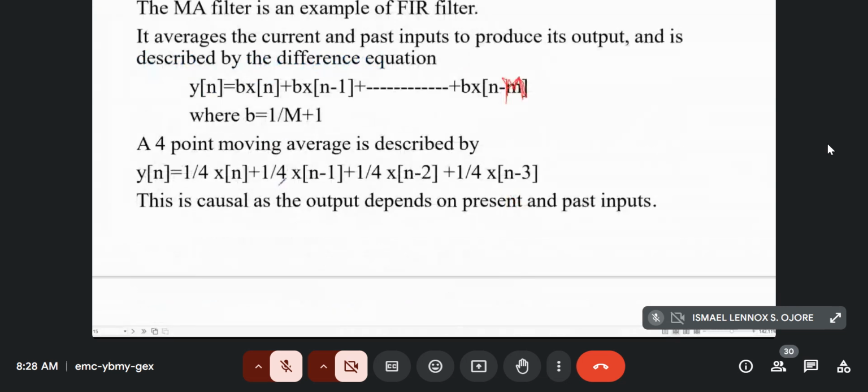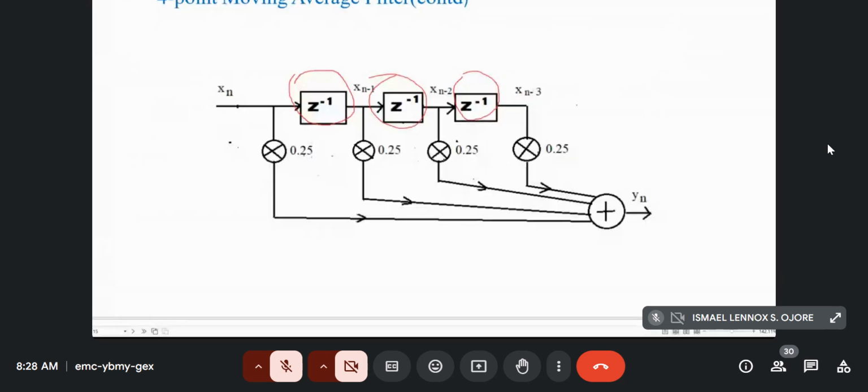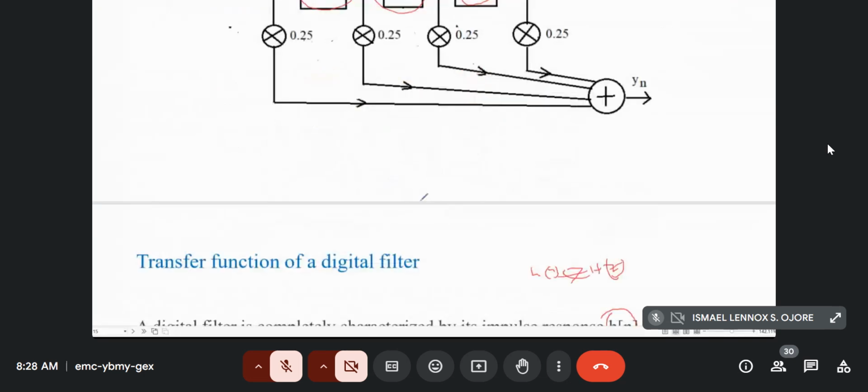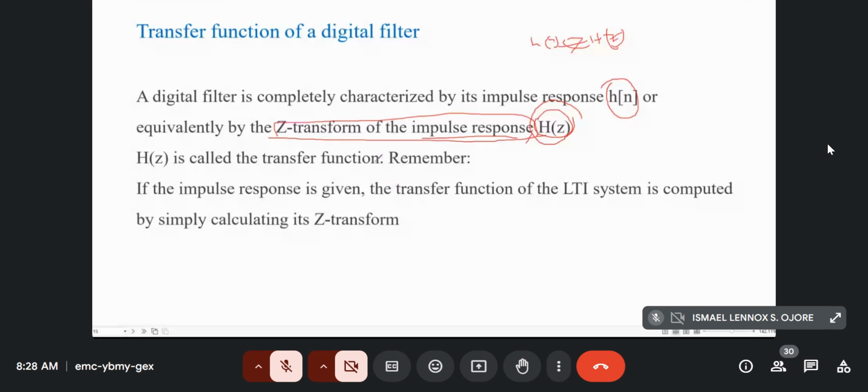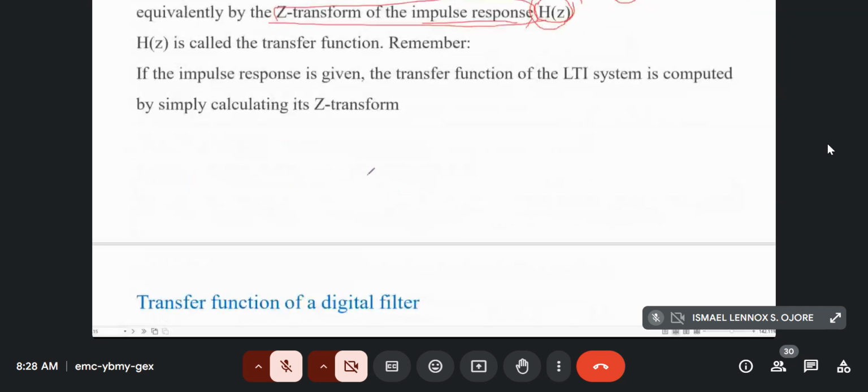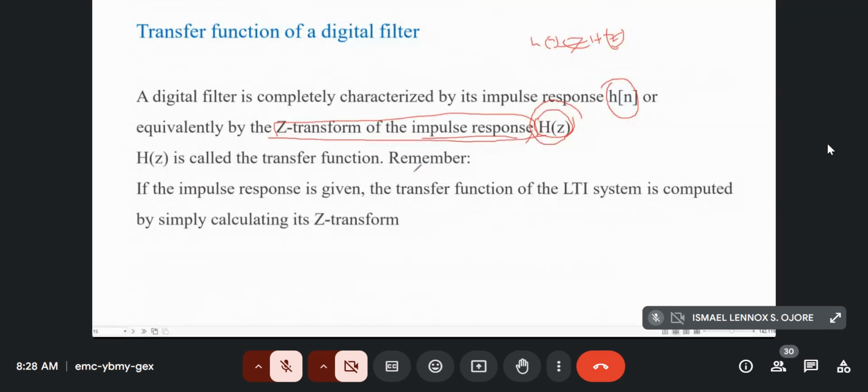I think we talked about the moving average filter yesterday, and I've just reproduced the same here. Basically, this is just a repetition of yesterday. What's a digital filter?